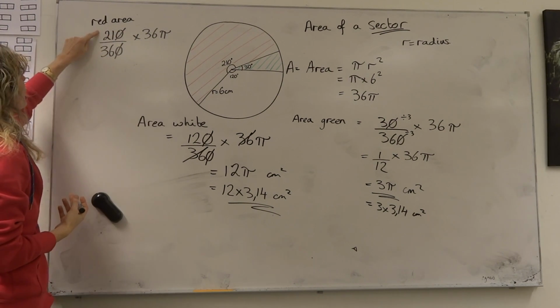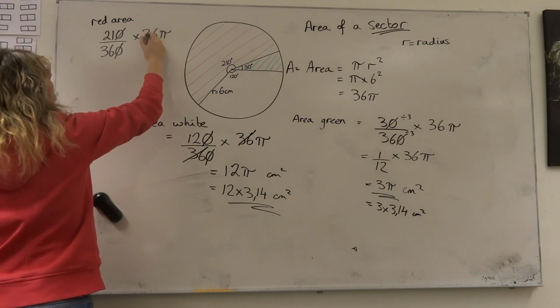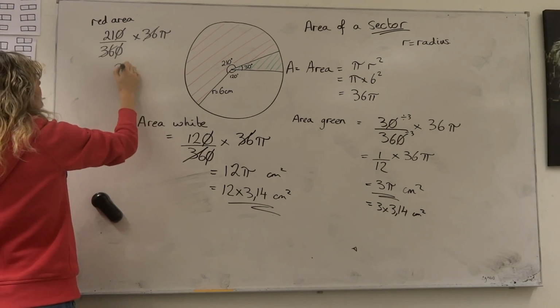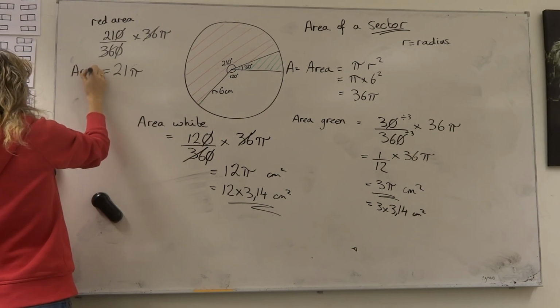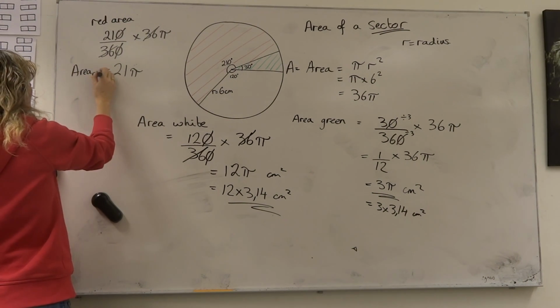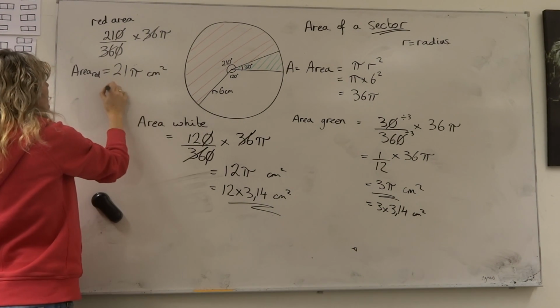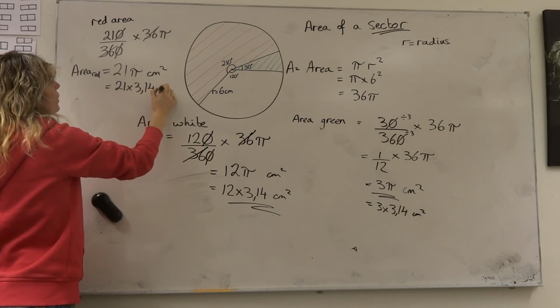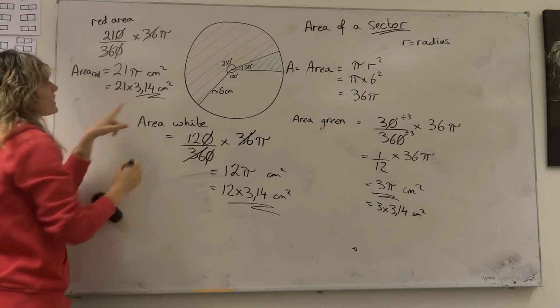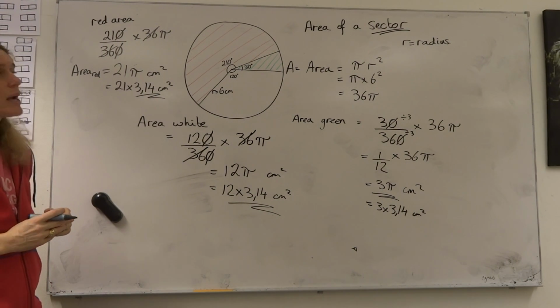You get 21 over 36. 36 here cancels with the 36 there, giving us 21 pi. So the area of the red sector would be 21 pi centimetres squared, and if we wanted an exact answer, 21 times 3.14 centimetres squared. And of course that isn't exact, but we never use pi more than 2 decimal places for our calculations.